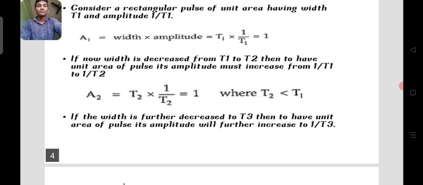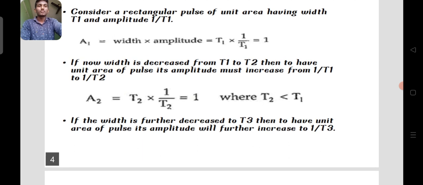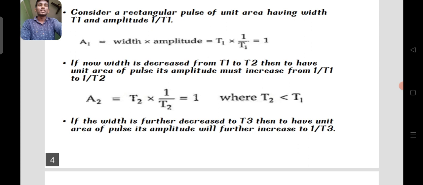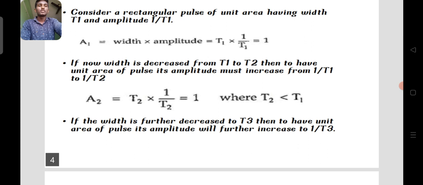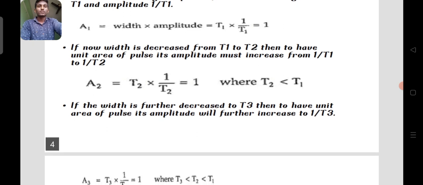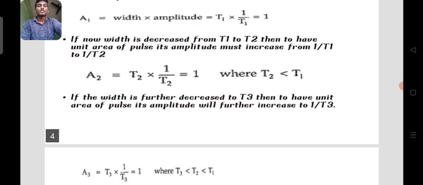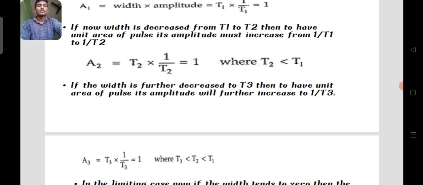So to maintain the area under the impulsive pulse as 1, we have to decrease the width. If the width decreases to t2, then automatically the amplitude of the function increases to 1 by t2. So the area a2 equals t2 into 1 by t2 equals 1, where t2 is less than t1.